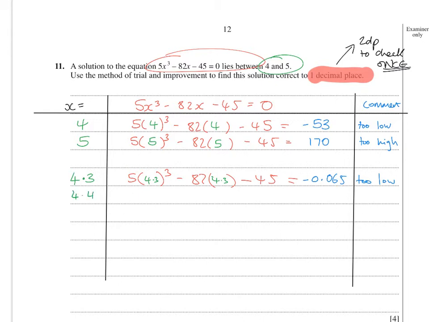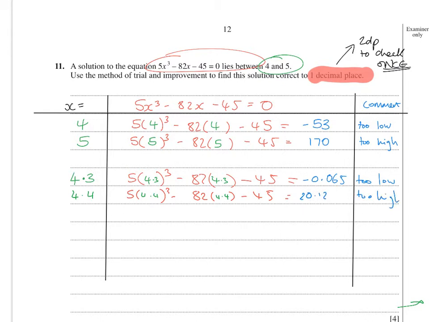Okay, so 4.4. Again, I know it's tiresome, but you must write out what you're putting into your calculator to get this answer. So 4.4 going in here and here, and 4.4 gives me an answer of 20.12, which is too high.